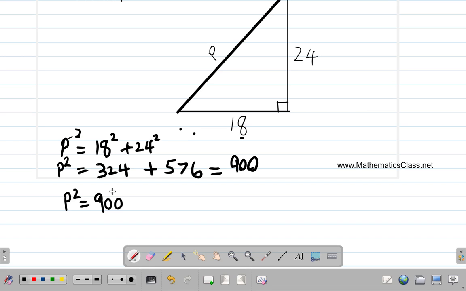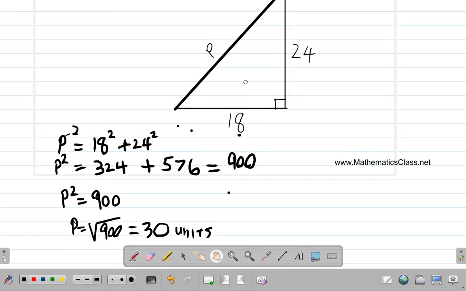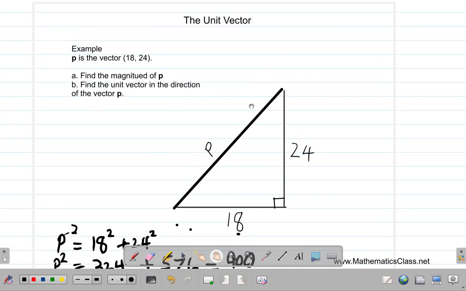You see that? Now P would therefore be the square root of 900. P is equal to 30 units. So that is the magnitude of P. You see that?